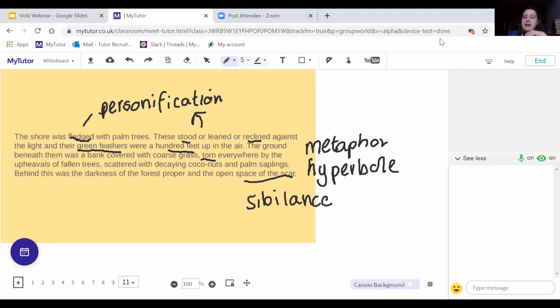Is hyperbole and exaggeration the same thing? Yes, absolutely. About bank covered with coarse grass as a metaphor. See, I think you could have a bank which is actually covered with grass, so I don't see that that could be a metaphor. We'll come on to what the effect of personification is.